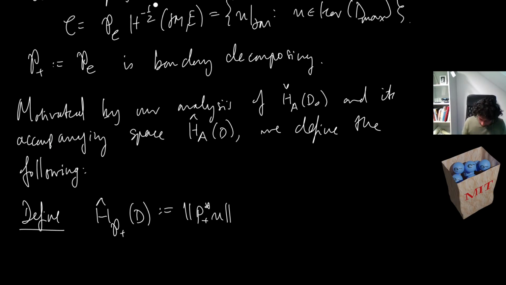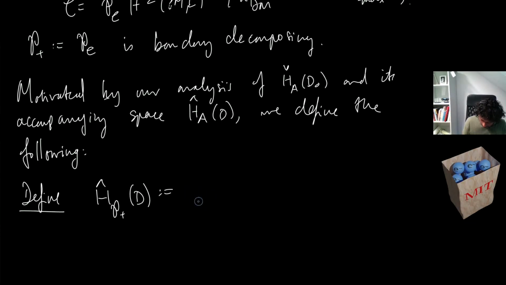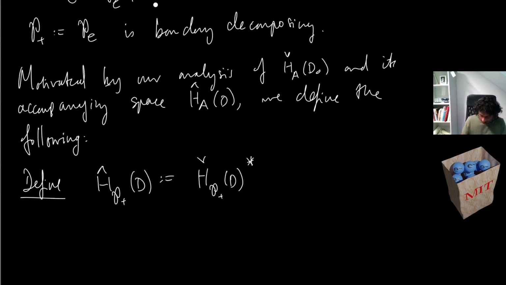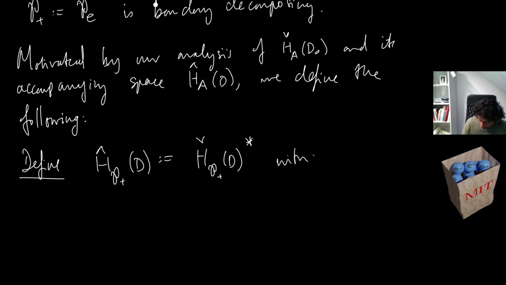Okay, so this is equal to H hat P plus D adjoint with norm, well, sorry, let me write this explicitly.